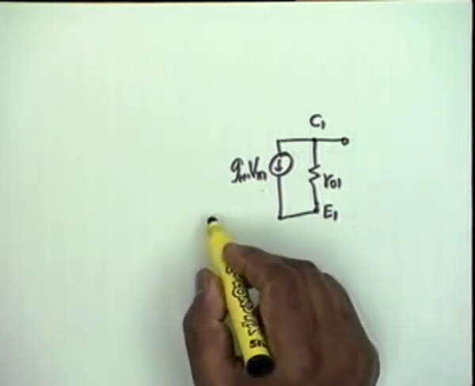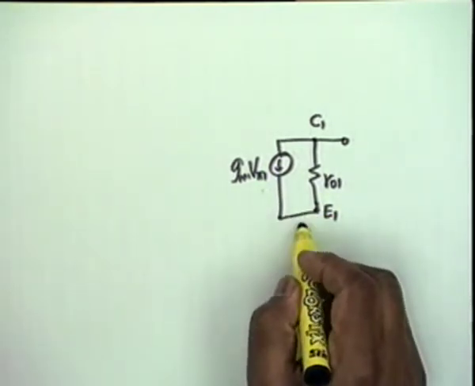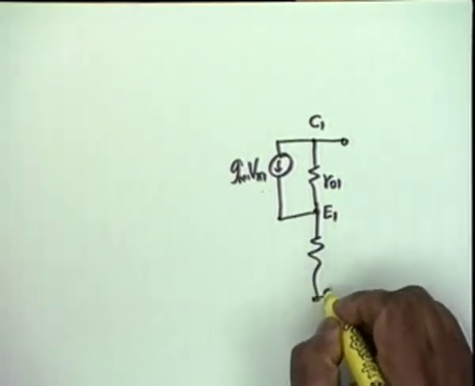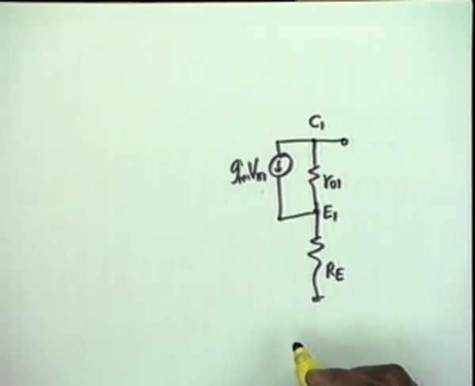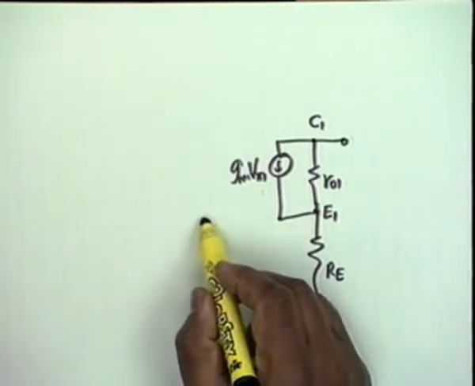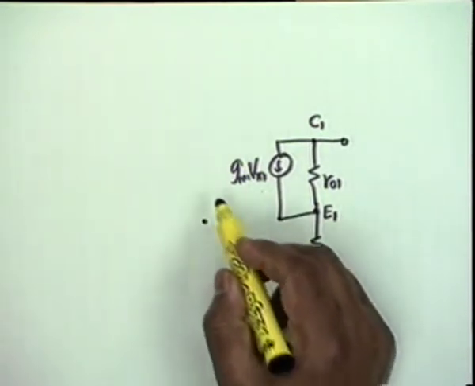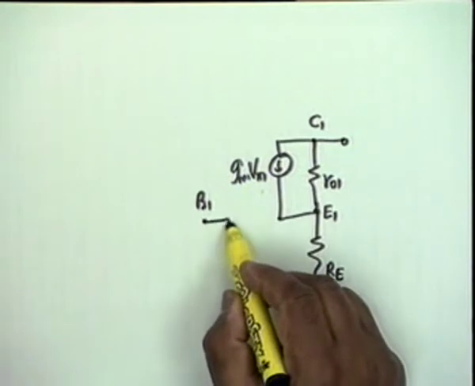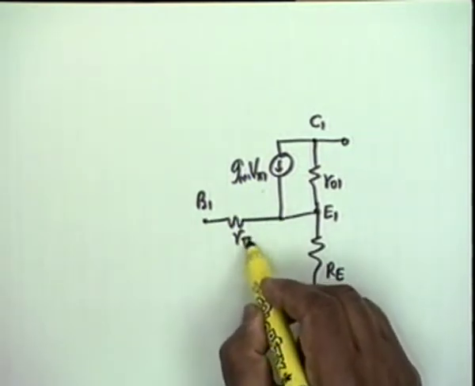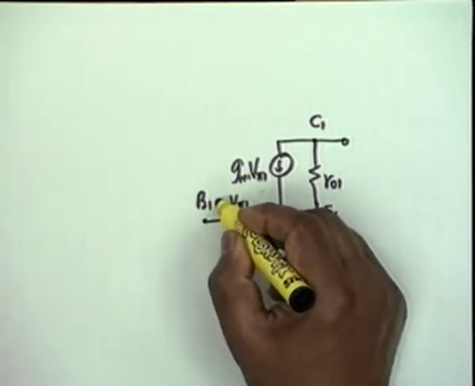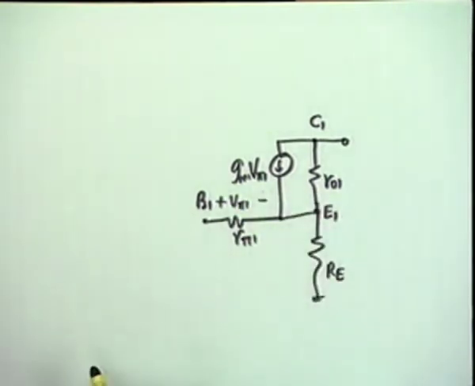Then from the emitter of Q1 we have a resistance R sub E to ground, and from the emitter to the base of transistor 1, B1, we have the resistance R pi 1, and the voltage is V pi 1 with this polarity, plus minus. Agreed?